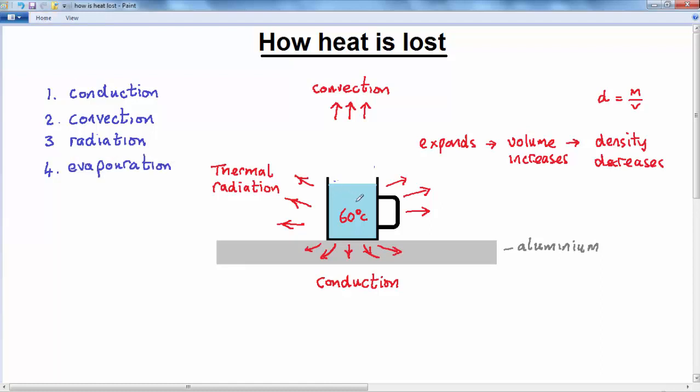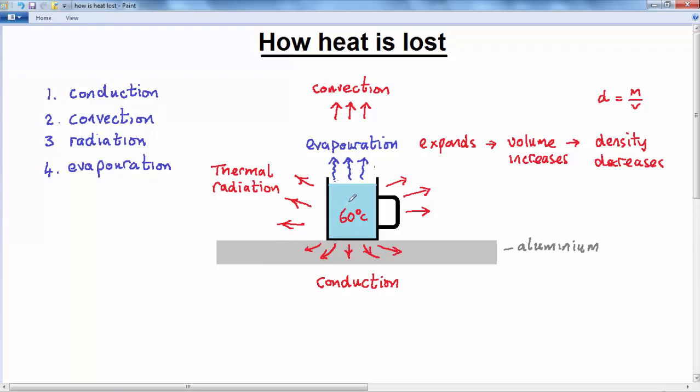So we've got a hot mug of tea here, and the hot water is going to be slowly evaporating into the air around it. That means particles are going to be escaping from the liquid state into the gas state. Now, in order for them to do that, they need to acquire energy, and this energy is called latent heat, and that energy enables them to escape from the liquid state into the gas state.